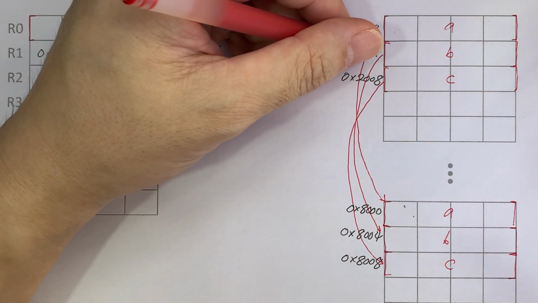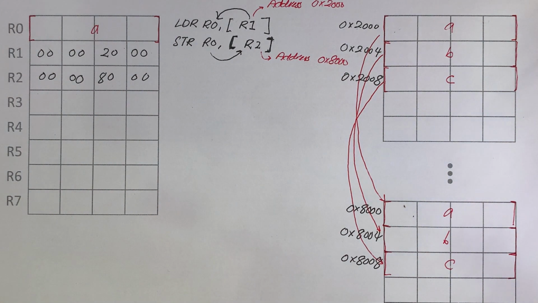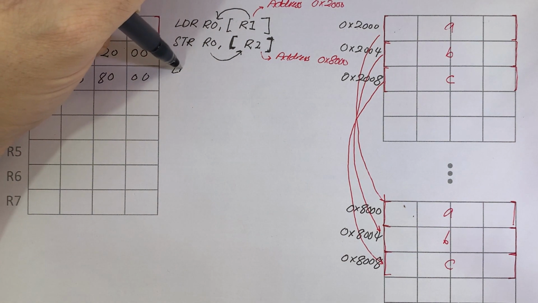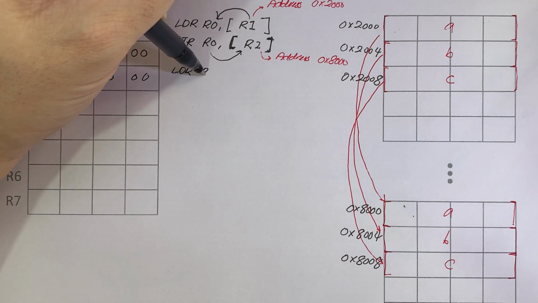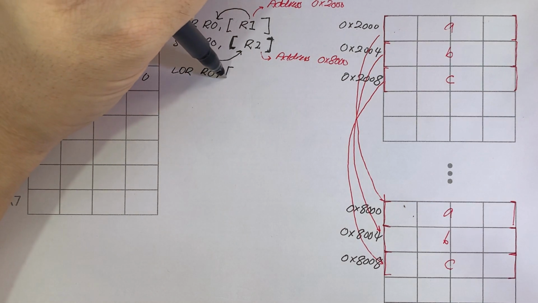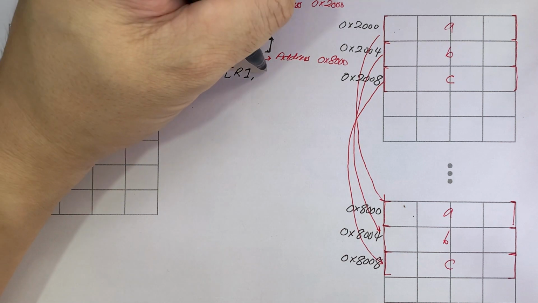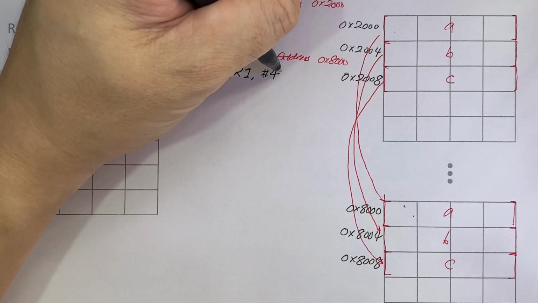So what happened to the next one? In this case, now I could load R0 with R1, and I give an offset of 4.